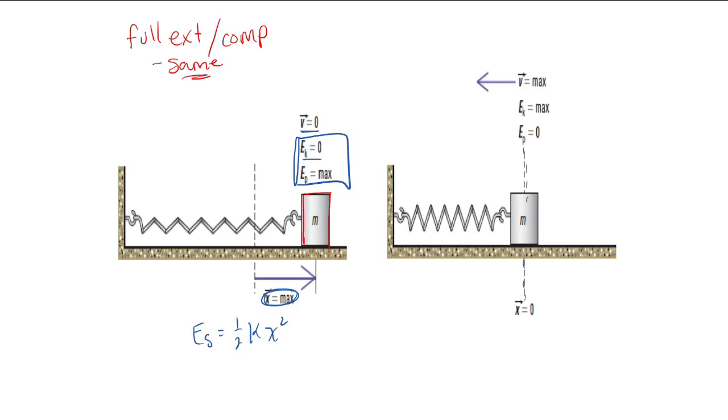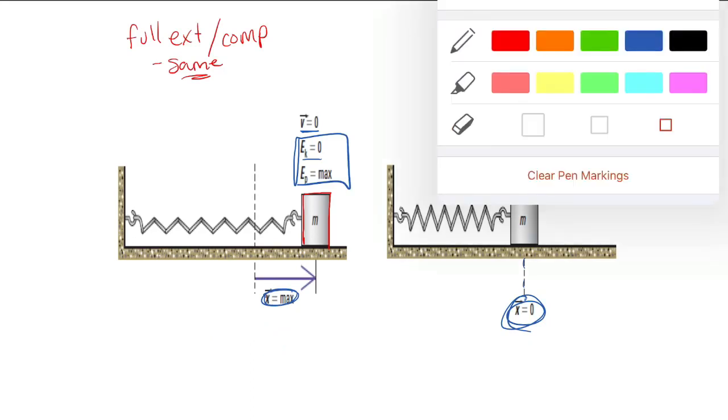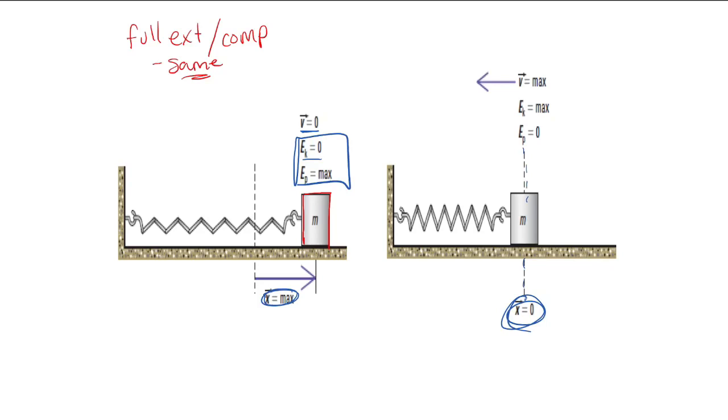And then of course at equilibrium, guess what your spring potential is? If spring potential is equal to 1/2 kx squared, guess what x is if it's at equilibrium? X is 0. So our spring potential energy is of course 0. So isn't that nice? If my spring potential energy is 0, what has all my energy converted to?